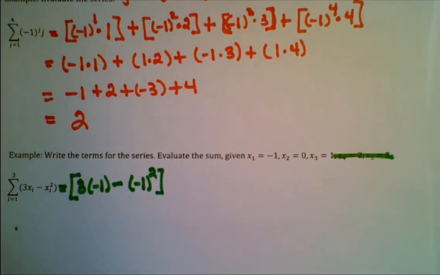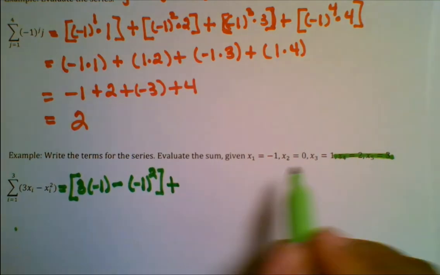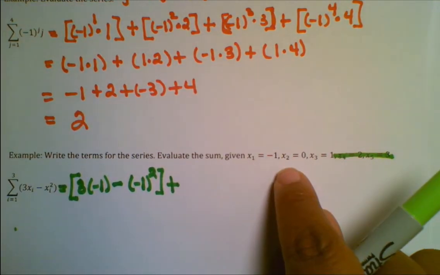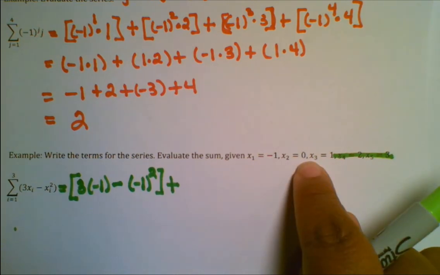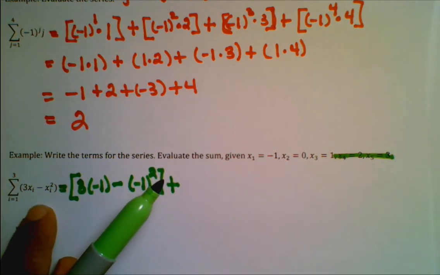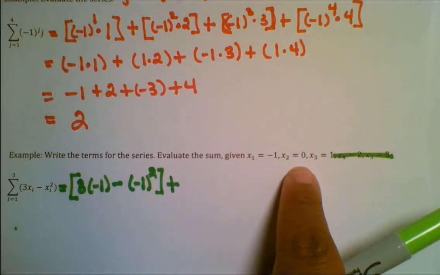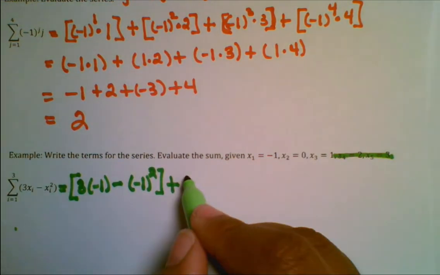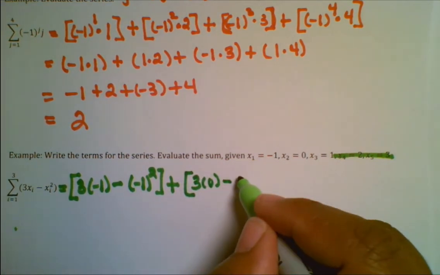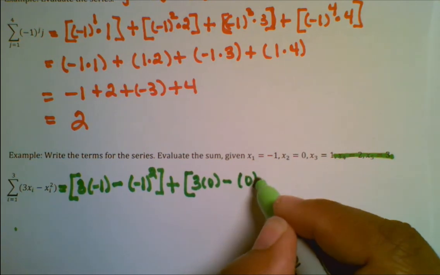Plus the second term, because that's the summation component. Our second term is equal to 0. So wherever we see our x element here with the subscript of i, we're going to plug in 0. So we have 3 times 0 minus 0 squared.